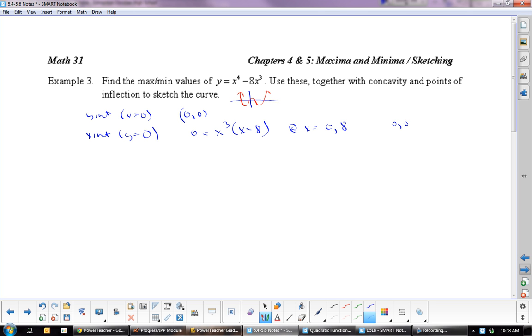Okay, so that's (0, 0) and, sorry, yes, (8, 0). I'm just going to put boxes around these, because when I have to go and grab everything later, I want it in coordinates.